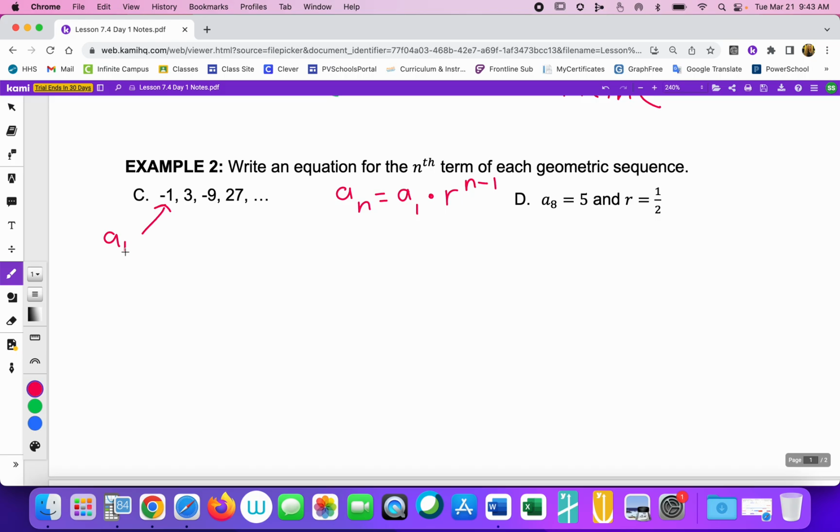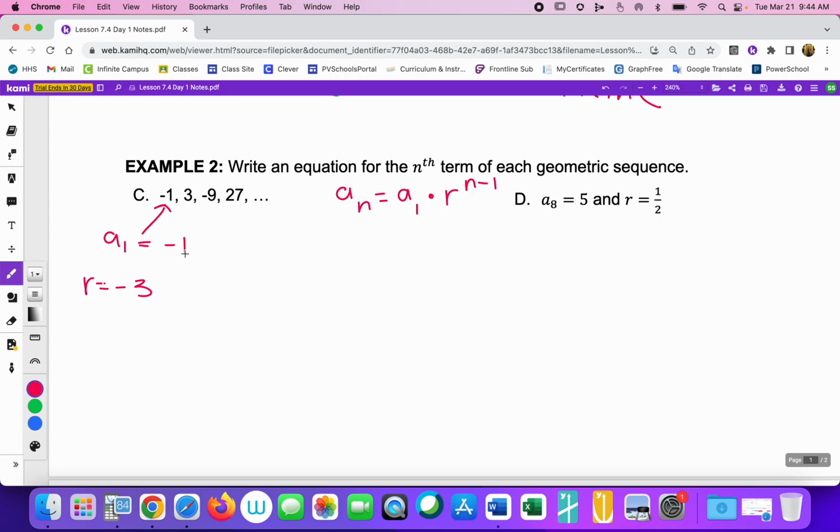So the common ratio, you could do 3 divided by -1, -9 divided by 3, and 27 divided by -9. All of them are -3, and the negative is important. So R is -3, A1 is -1. Again, the -3 is times each time. If it's changing signs, it has to be a negative, so just be aware of that.